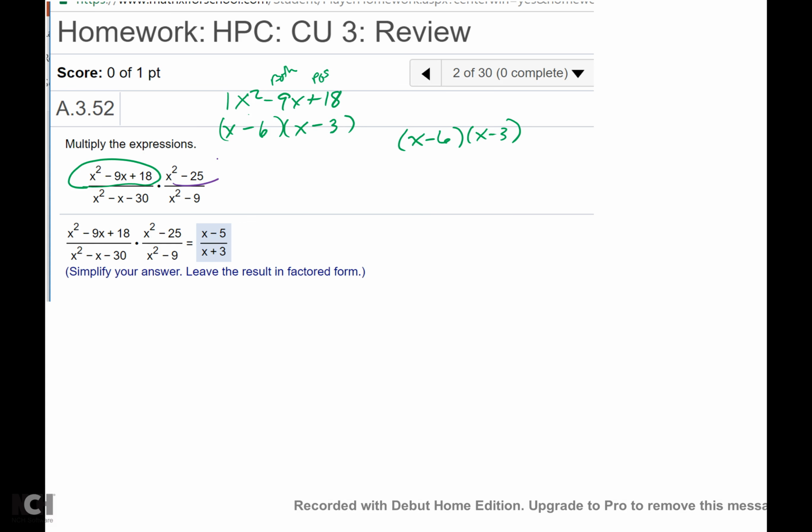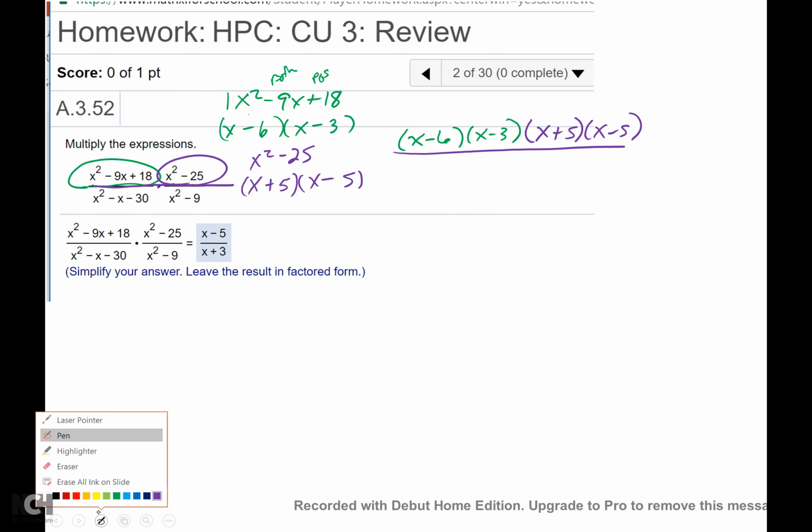Then we're going to factor this, the x squared minus 25, that's difference of squares, so bino, plus and minus. The square root of x squared is x, the square root of 25 is 5. So the top of that one, and again we're multiplying, so it's straight across the top, straight across the bottom, so that's going to be x plus 5 times x minus 5.